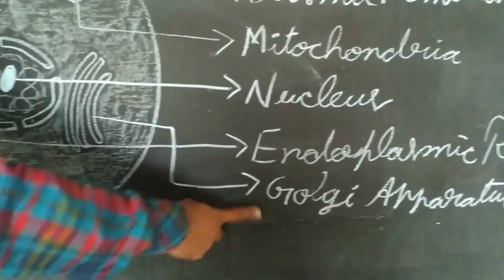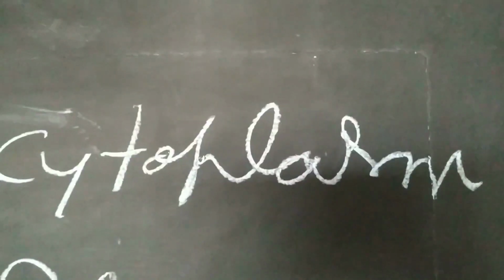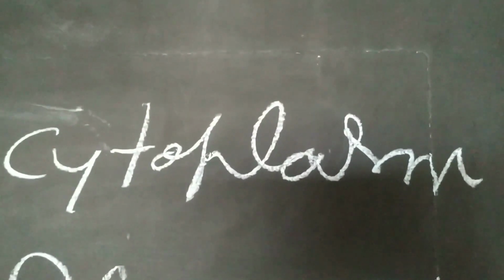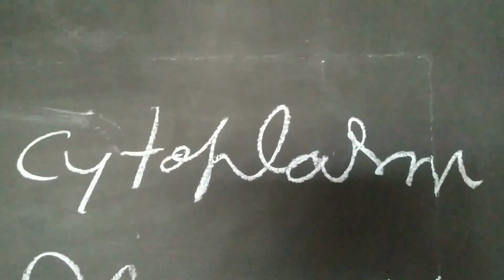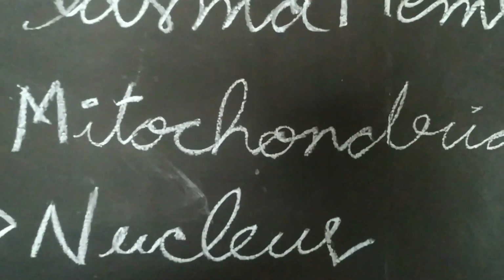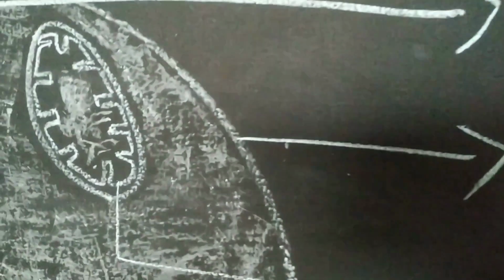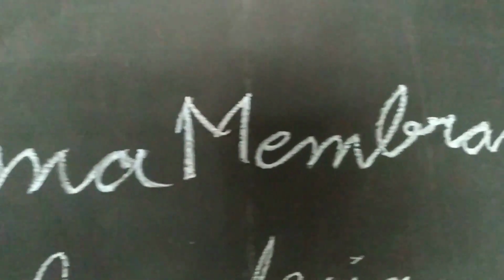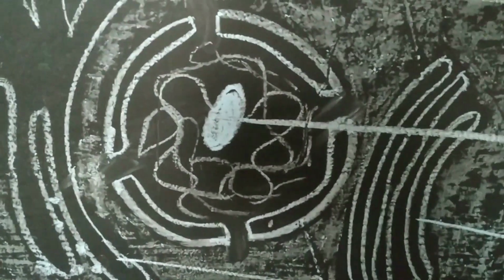Golgi apparatus, endoplasmic reticulum. Now let us see the parts of an animal cell individually, separately. That is cytoplasm, that is mitochondria, and the outermost covering layer is plasma membrane. The next one is nucleus.